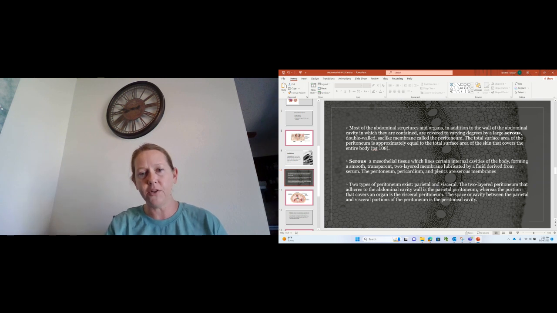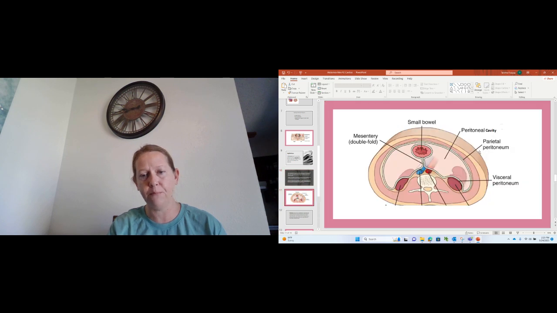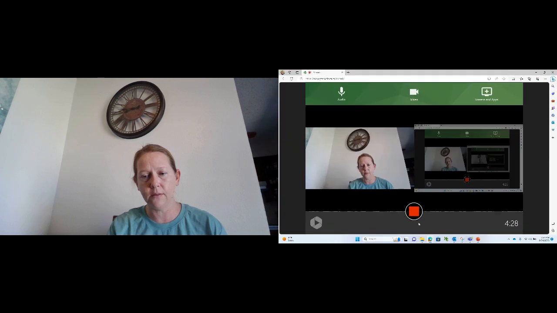So most of the structures and organs are covered in sacs. And these sacs create serous fluid, which helps decrease the friction between, say, your lungs breathing and your heart beating. And that fluid that's created is called serous fluid. So here's a picture that will help better identify what we're talking about.